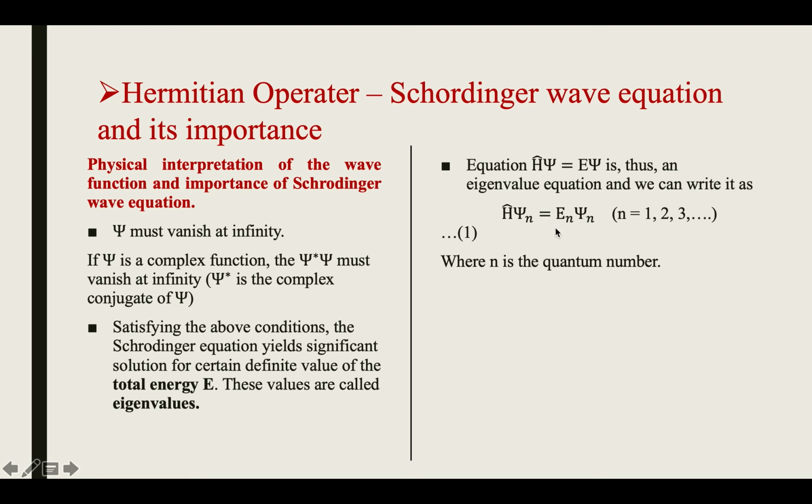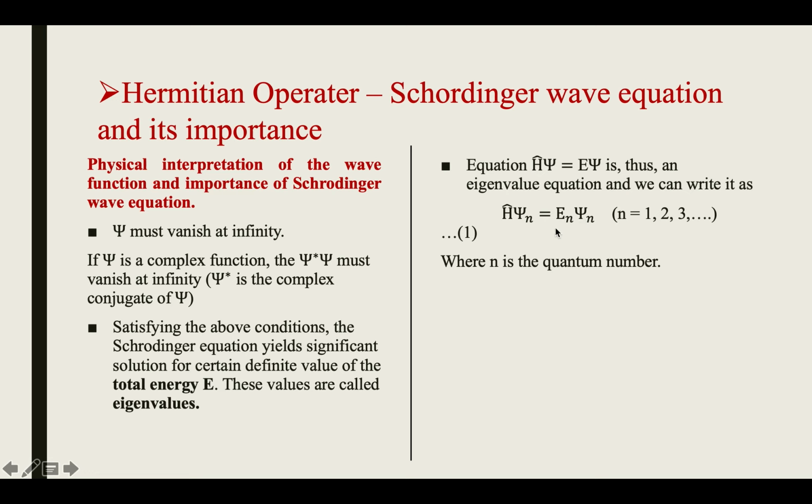We express equation 1 by saying that psi n is an eigenfunction and E n are the eigenvalues for an atom. E is nothing but your energy term, so that's why we say it's an eigenvalue. Each eigenfunction corresponds to an eigenvalue. These eigenvalues correspond to the discrete set of energy values postulated by Bohr.